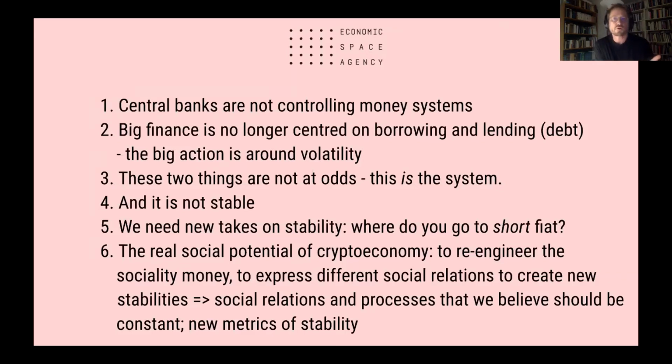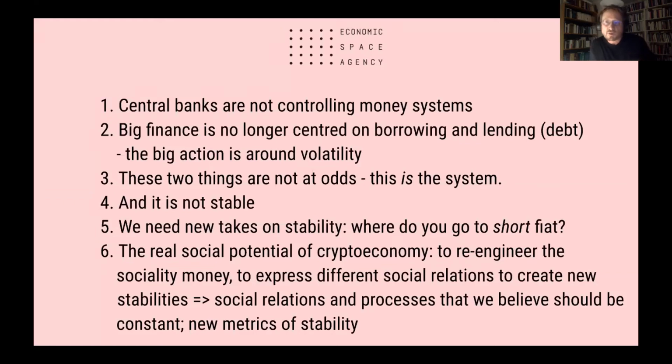It's out of their control. This was Bernanke's message: they are out of tools. At the same time, we know that big finance is no longer actually centered on borrowing and lending on debt. The big action in finance is around volatility, which means big finance is making money out of the uncertainty and the volatility, the precarity in the social relations.